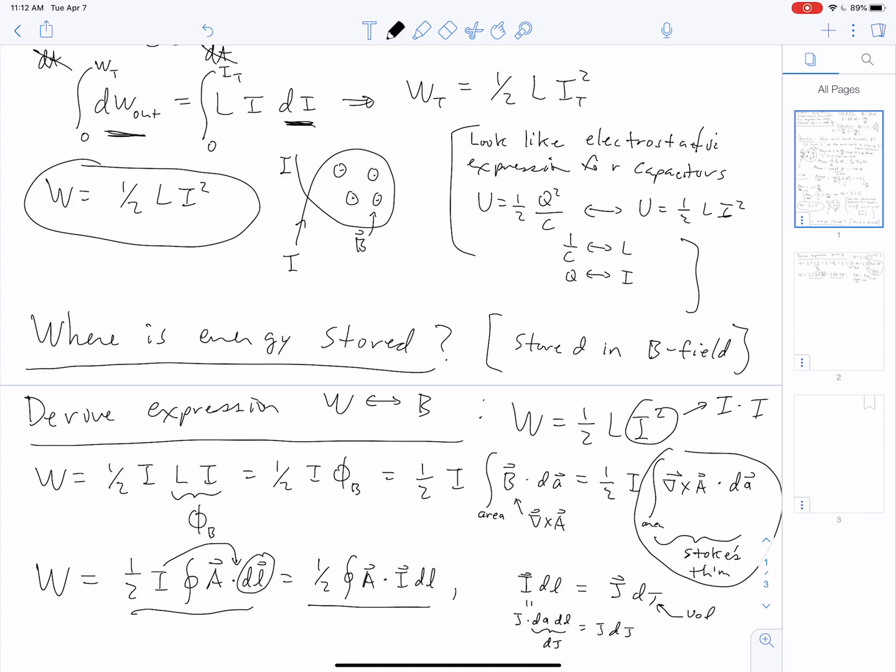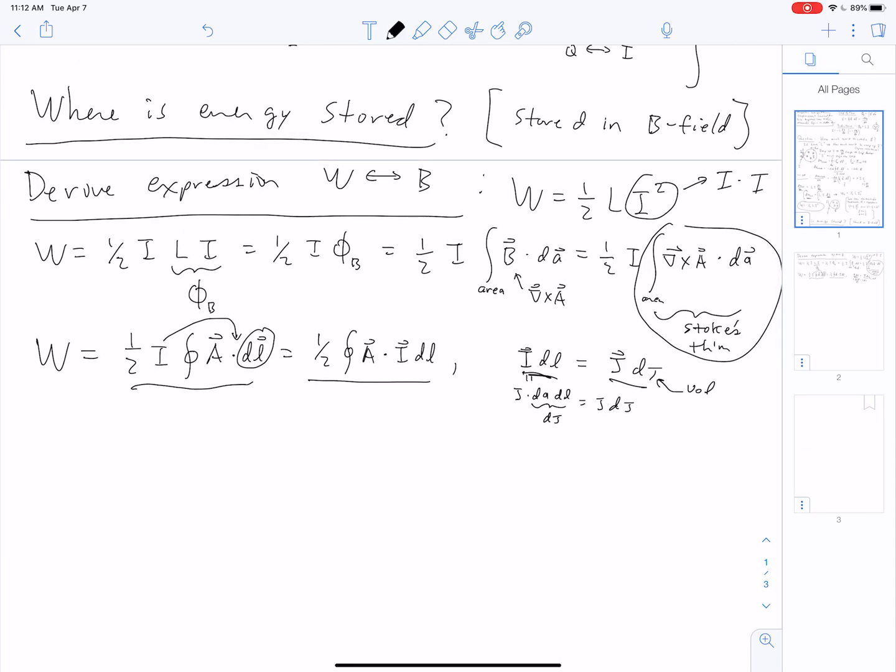All right, so it's like current times a little differential length is equal to current density times a little differential volume. So now let's change this integral, and we can see now that the work it takes to ramp up the current in that loop is equal to 1/2 the integral of A dot. Now instead of I dl, I'm going to replace that with J d tau.